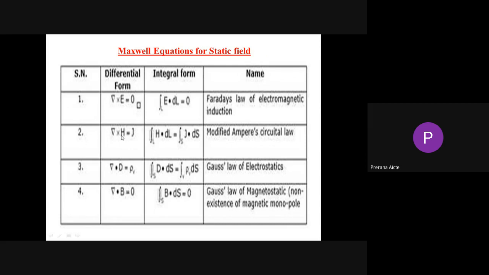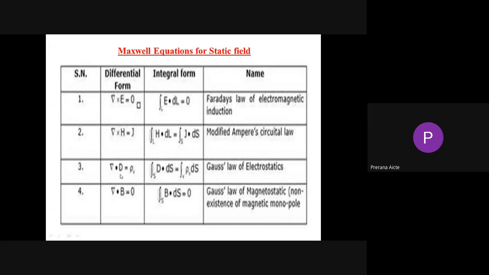Similarly, del cross H is equal to J plus dou D by dou t. Since dou D by dou t is constant, there is no rate of change of flux density, that is dou D by dou t is equal to 0. Then only del cross H is equal to J. This is the modified Ampere's law.